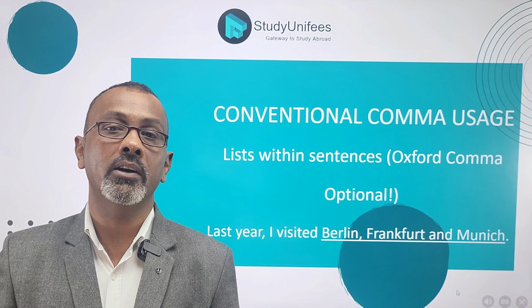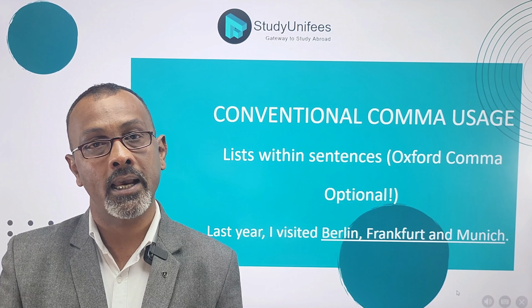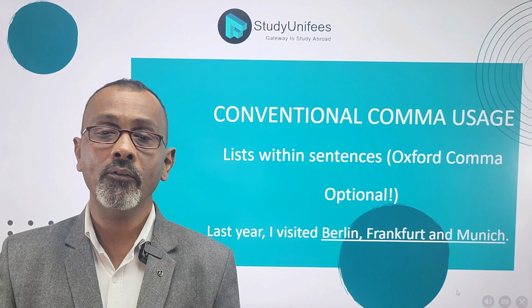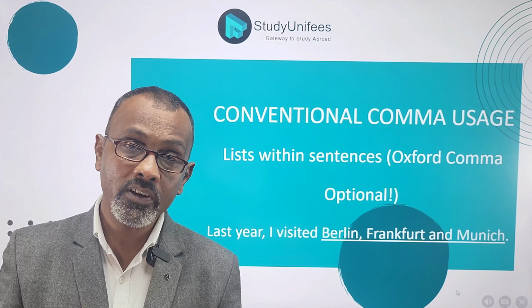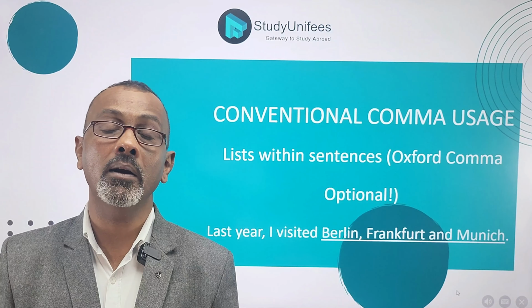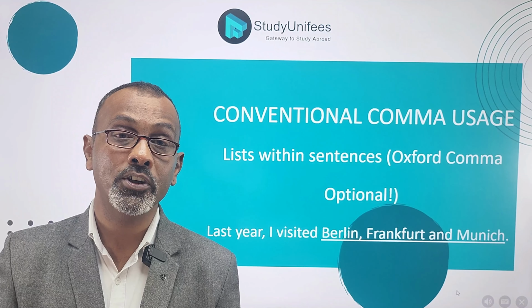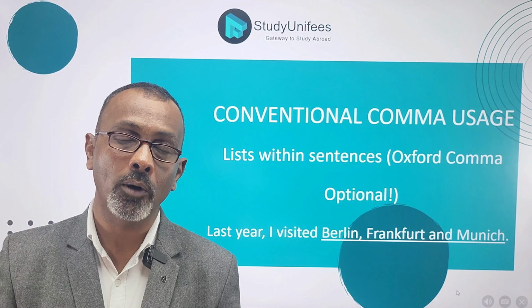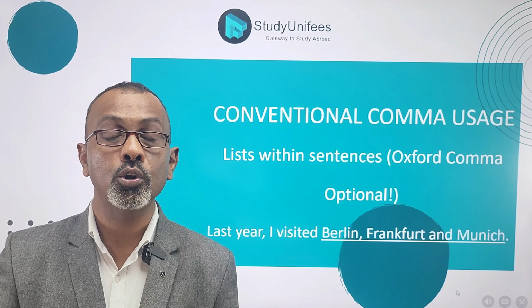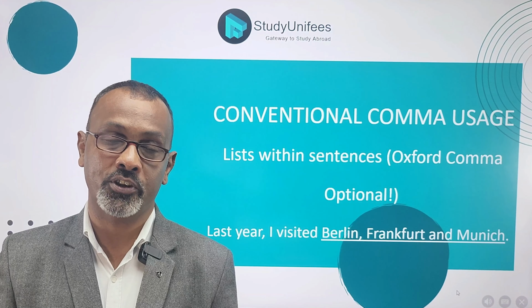This is another way in which lists may appear in a sentence. This is a list of objects. The example is, last year, I visited Berlin, Frankfurt, and Munich. Here the three objects, Berlin, Frankfurt, and Munich, make up the list of objects. Here too, the comma before the "and" is optional.